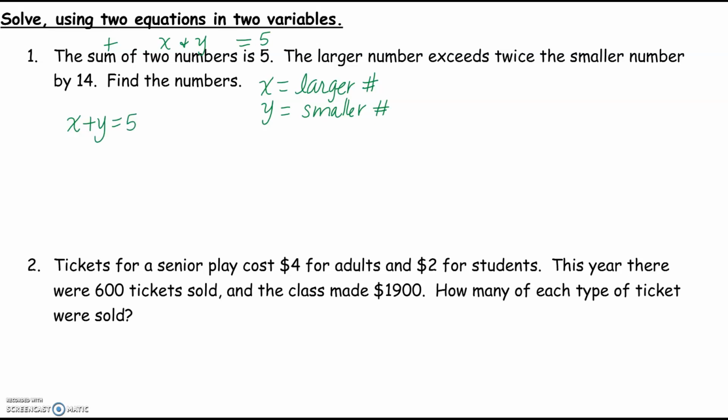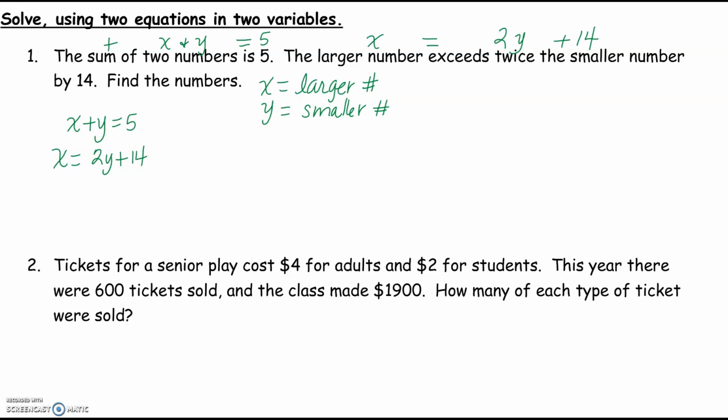The larger number exceeds twice the smaller number by 14. So the larger number exceeds, or is, twice the smaller number plus 14. So I have x equals 2y plus 14.